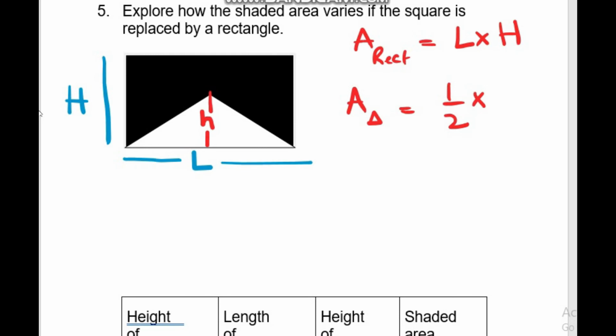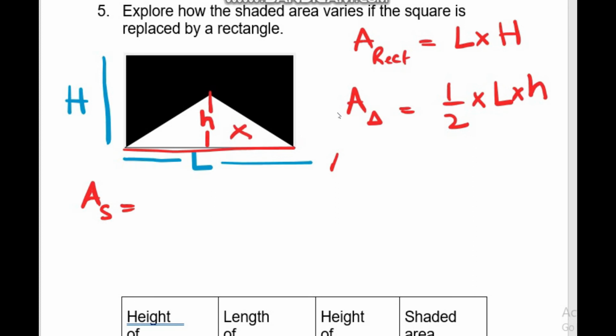This time the base of the triangle is again this length, so that's L, and the height of the triangle is noted by the small h. And the shaded region that I have to find is the difference of these two areas. We will take out the area of the triangle. This is what we do not want.